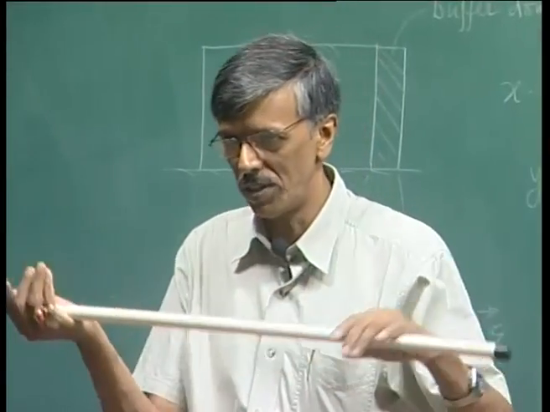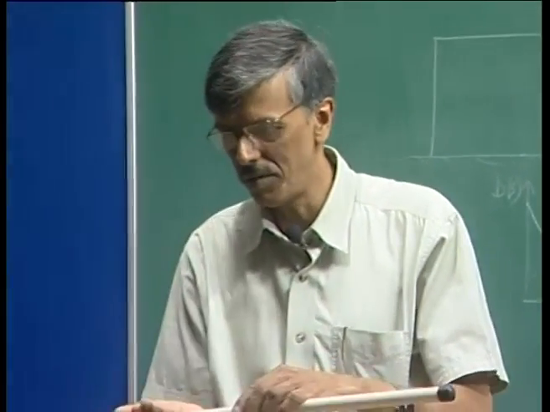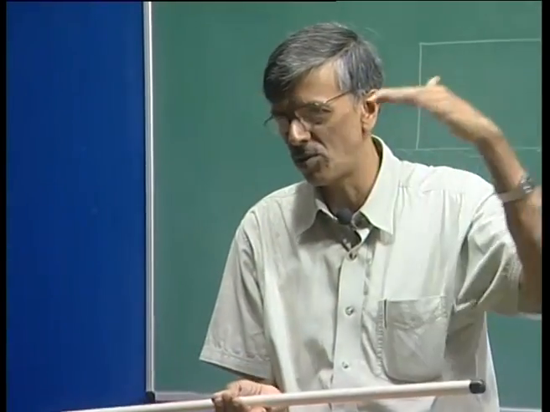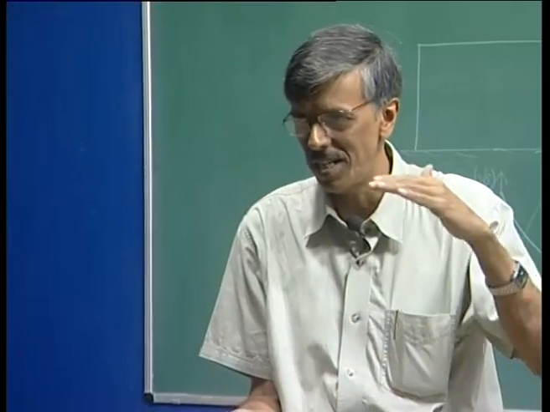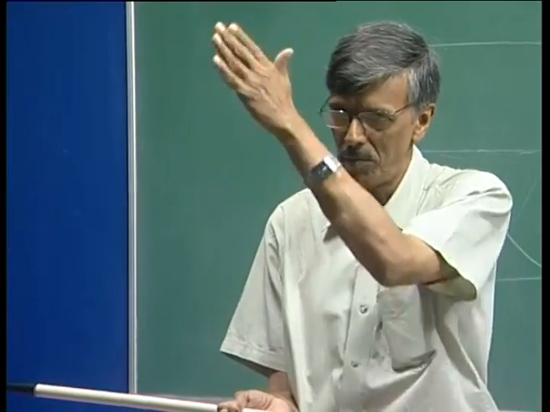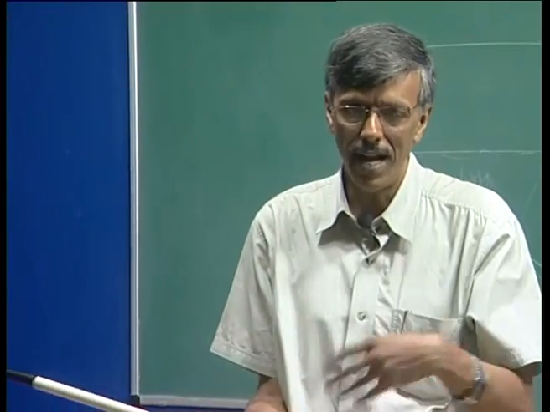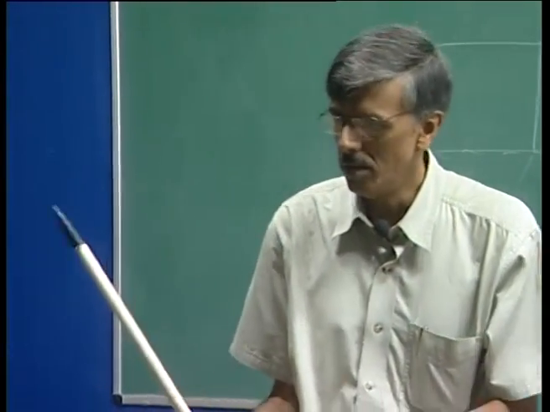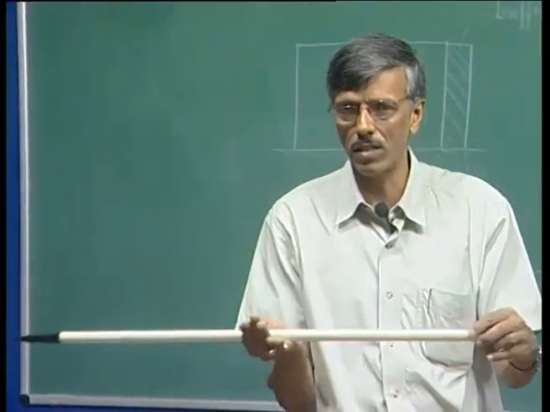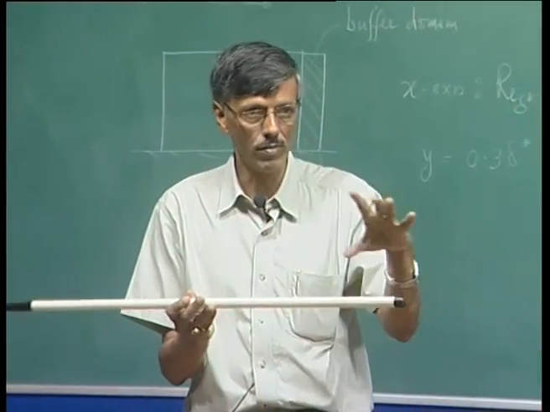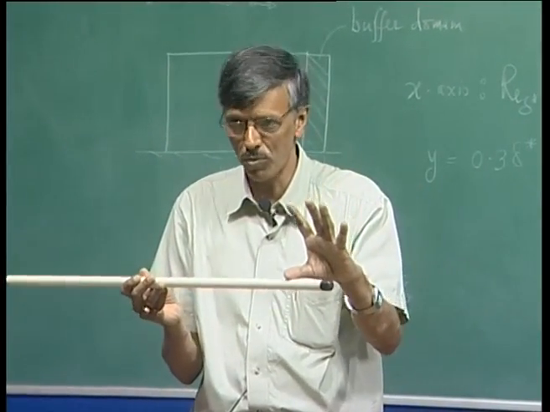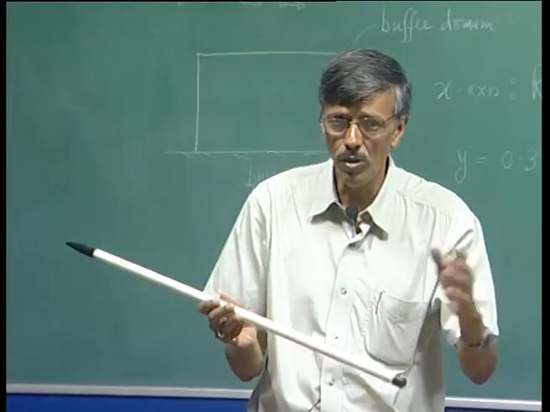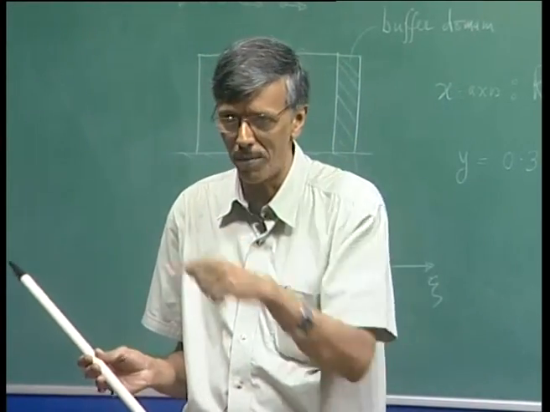The Couette flow, the shear driven flow, that if I have flow between two parallel plates, top plate moving, bottom plate stationary, that flow profile is a linear profile, and you can do the stability analysis and you will see that it is stable. The other example is flow inside a rectangular channel, which is called the Poiseuille flow. The velocity profile is parabolic.